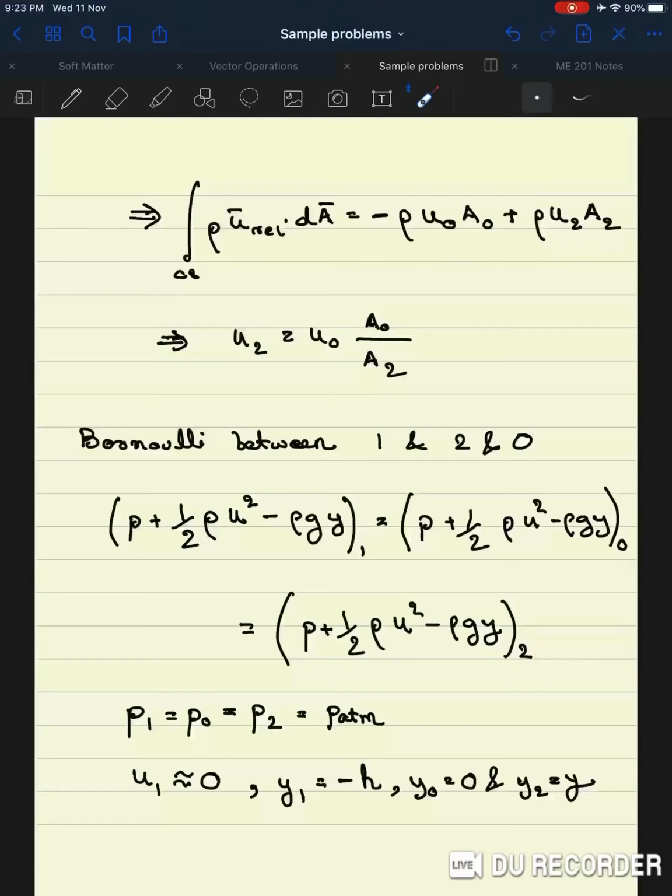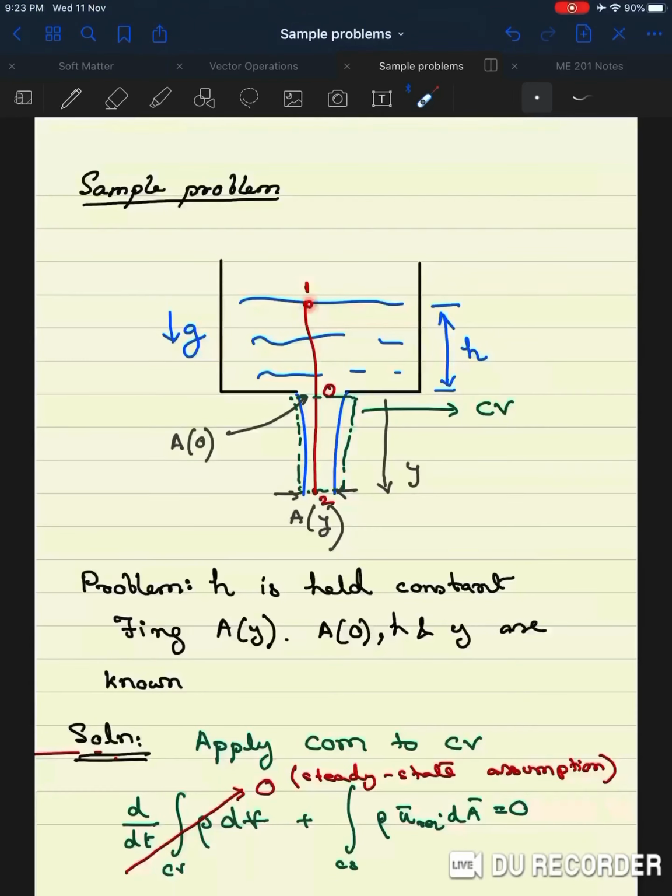Now the pressures at all these different points, P1, P0, P2, are going to be P atmosphere, because P1 is obviously open to the atmosphere. P2 is also at atmospheric pressure, which is an open stream, an open jet.